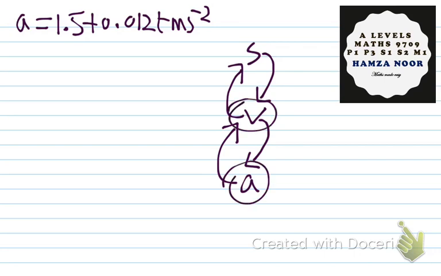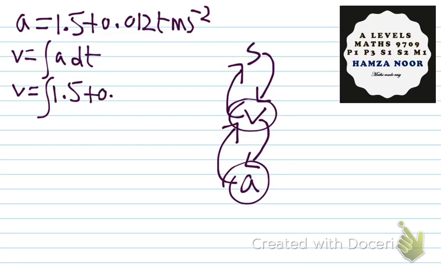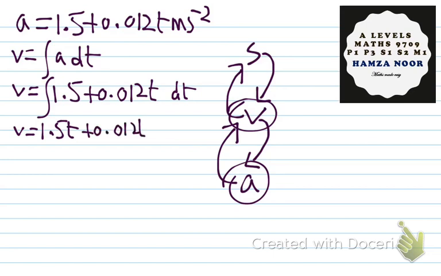So v will be equal to the integral of acceleration with respect to time. This goes like this: the integral of 1.5 plus 0.012 t dt. So velocity will be equal to 1.5 t plus 0.012 t squared over 2 plus c.